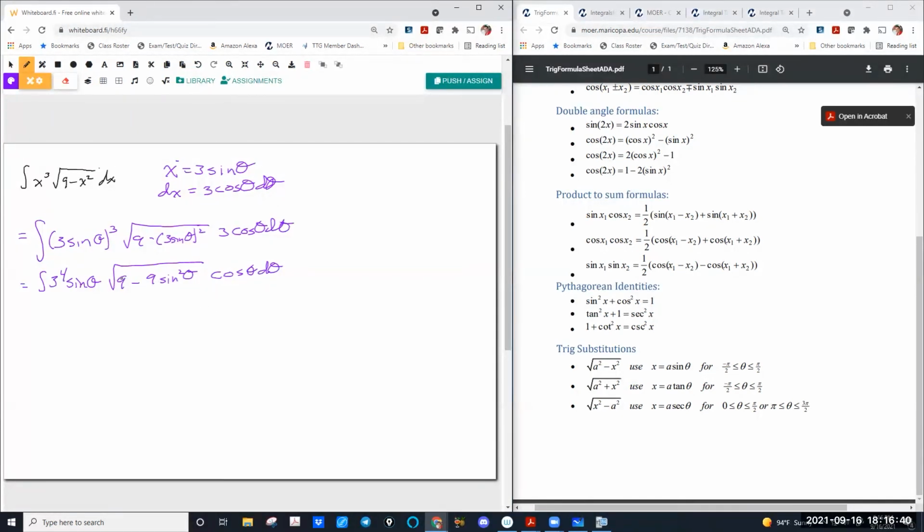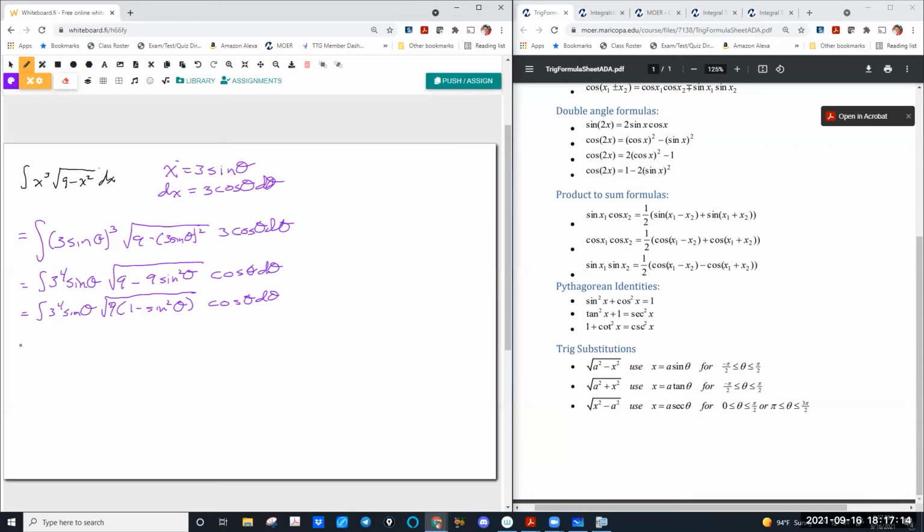Now what I'm going to do is I'm going to factor out the 9. So I have 3 to the 4th sine of theta. This is going to be why we do the trig sub, times 1 minus sine squared theta cosine theta d theta. Well, this is all based off our Pythagorean identities. 1 minus sine squared is cosine squared.